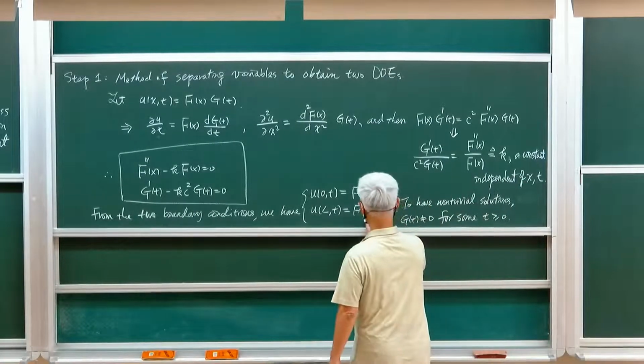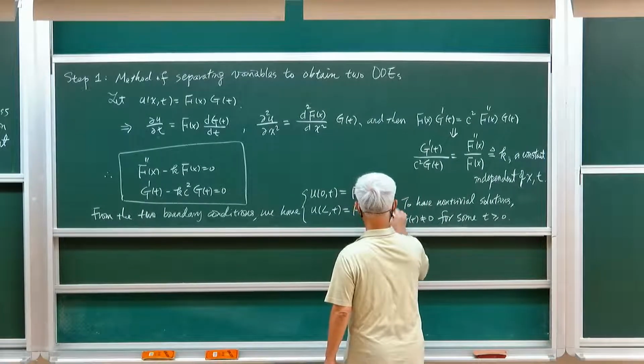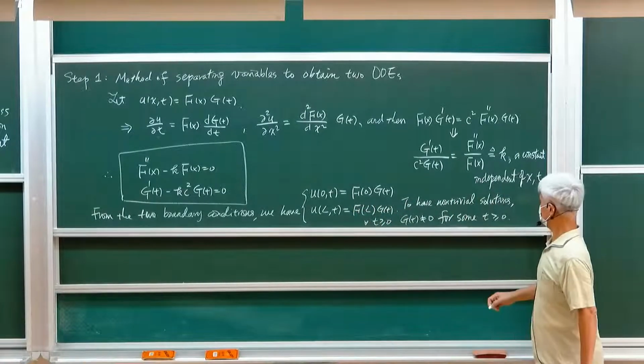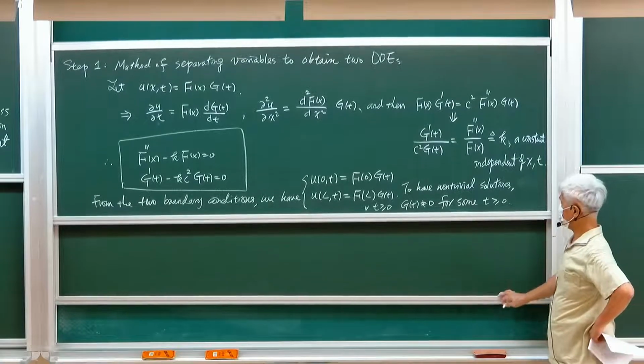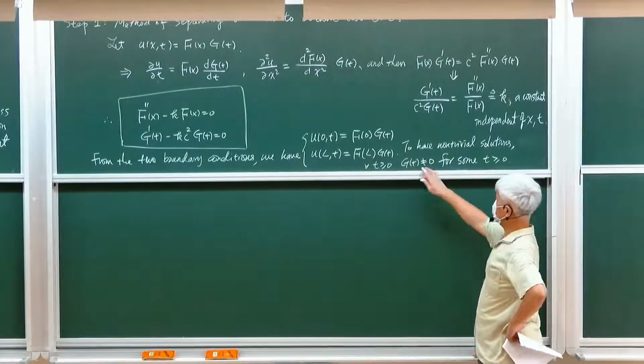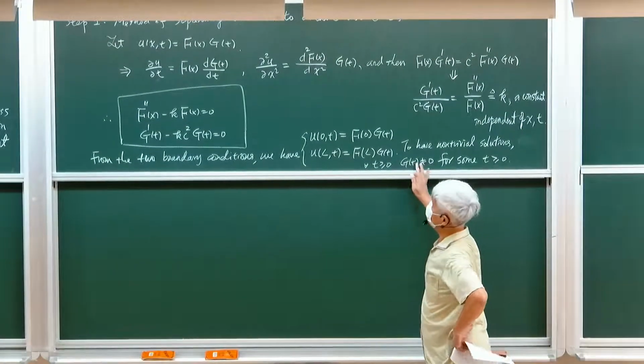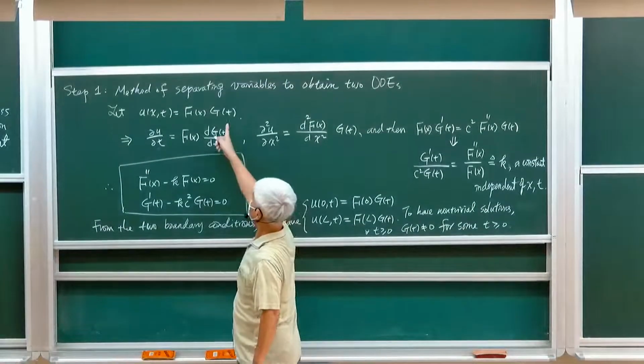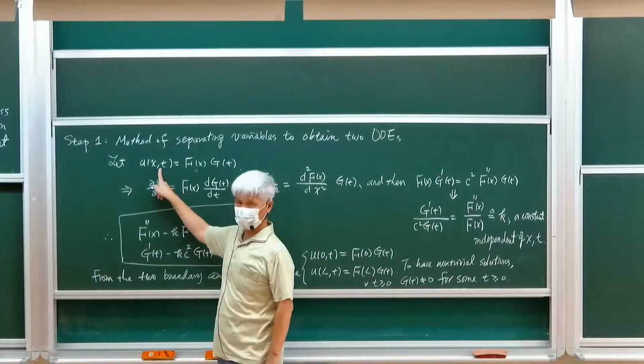Oh, this is for all t. Right, because if G(t) is 0 for all t, then by the superposition, the solution is 0.